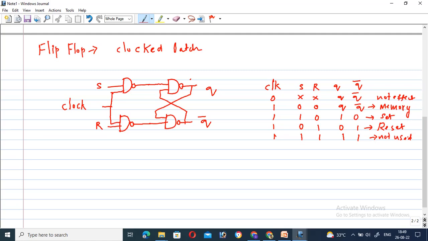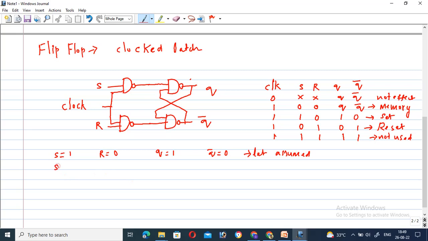Okay. So let us see here. I will write the equation for this one. Let us assume that initially we don't know. I will consider S is equal to 1, R is equal to 0, Q is equal to 1, Q bar is equal to 0. So let us assume that we don't know exactly, so I will consider like this.